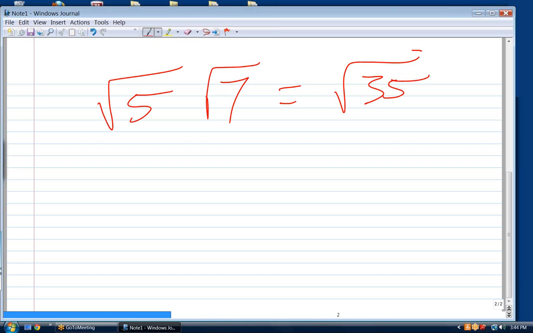That cannot be simplified. That is the final correct answer. The reason is that the only factors of 35 are both prime numbers, so they can't go down any further. If you have a radical of a prime number, it's simplified.